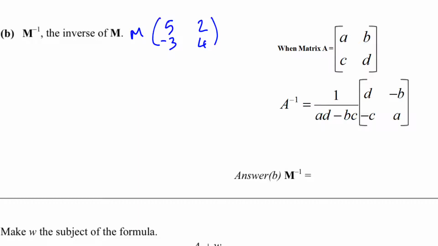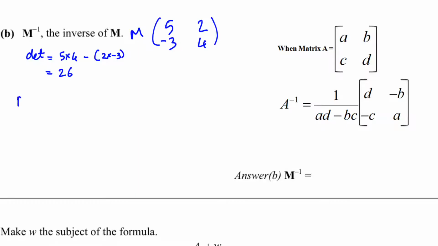So let's find the determinant first. Our determinant is going to be 5 times 4 minus 2 times -3. Be careful with the signs. So it will give you 26.